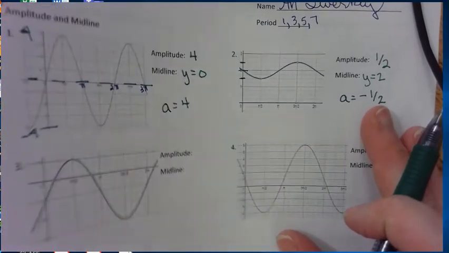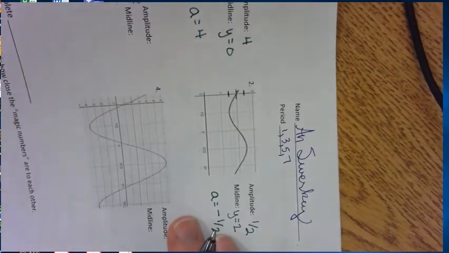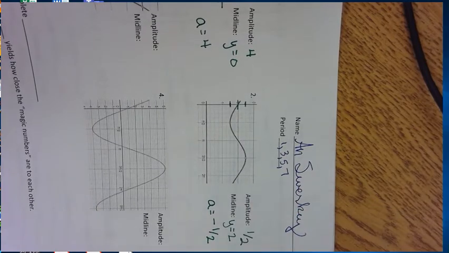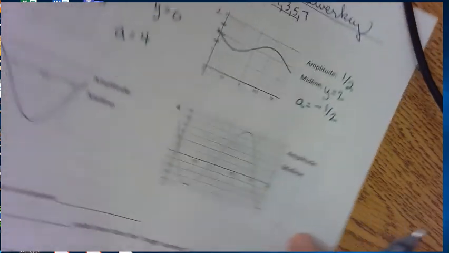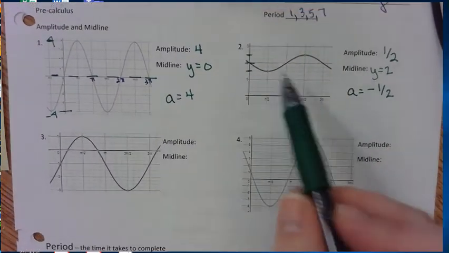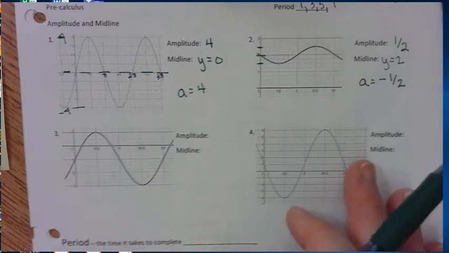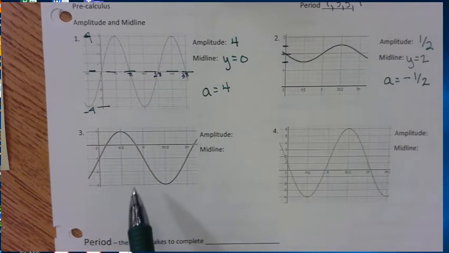This S is more in the shape. If I turn my paper sideways, which I can't do on the board, you can see the whole S thing going on right there, right? So that is a sine curve. The negative ones actually make a forward S. The positive ones kind of make a flipped S. All right, so let's look at number 3. Number 3, we have a midline.